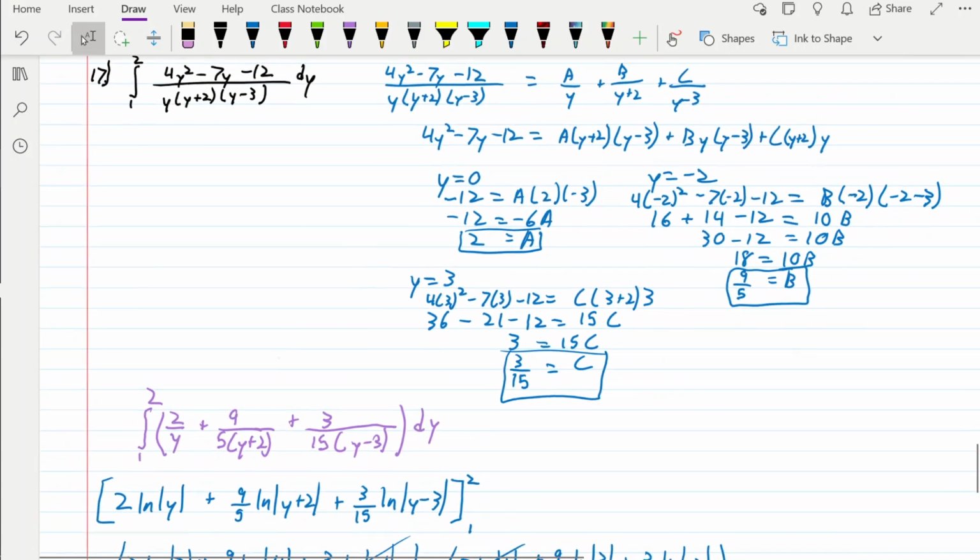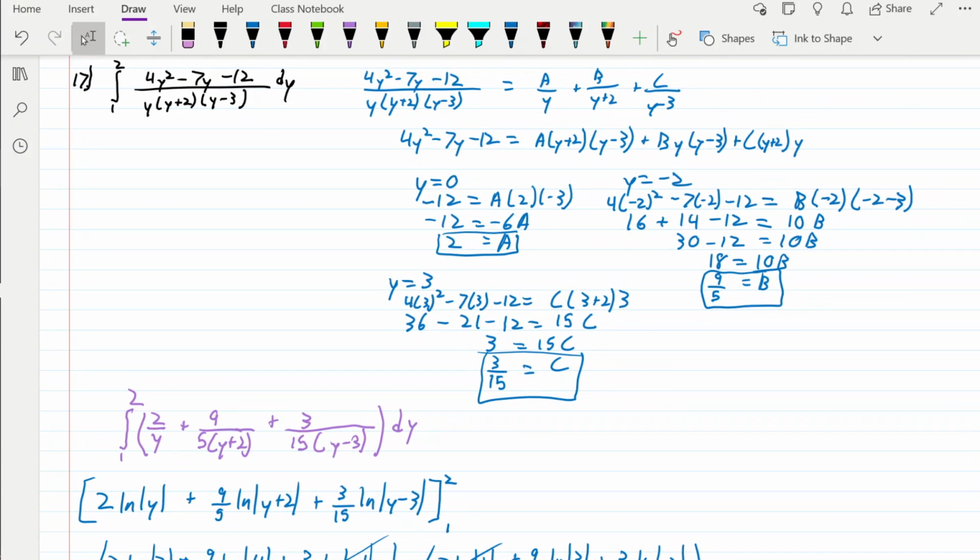So we had a was y, so 2 over y plus 9 over 5, let's see, b, 3 over 15, y minus 3. If anyone by any chance notices what I did wrong, let me know.